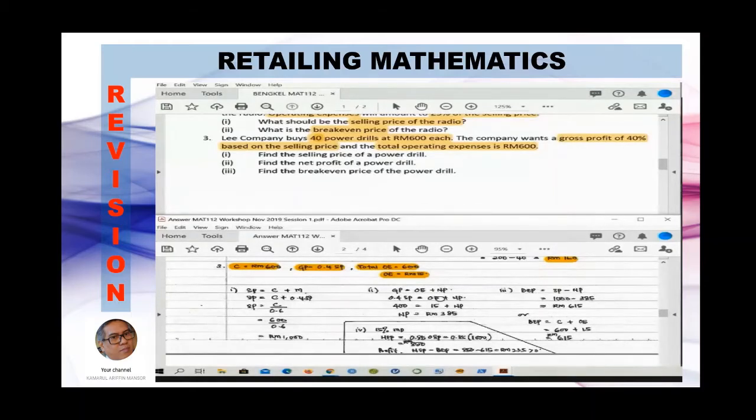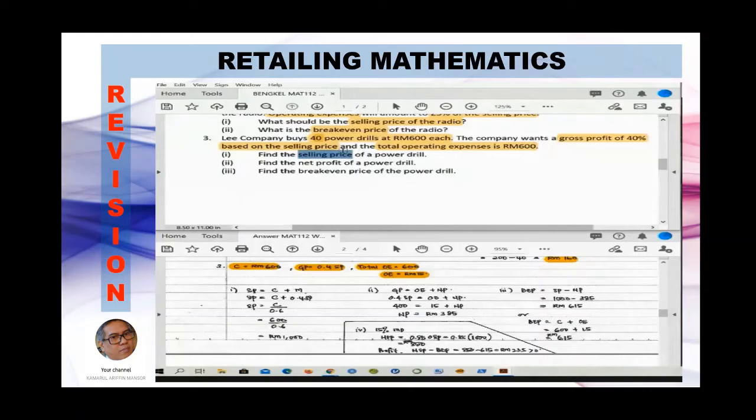Okay, so the first question asks you to find the selling price. Okay, dia suruh cari selling price. Dan di sini, you perhatikan dia suruh cari selling price bukan untuk 40, tapi dia nakkan untuk satu saja, of a power drill. So, this is where students perlu berhati-hati semasa menjawab soalan.